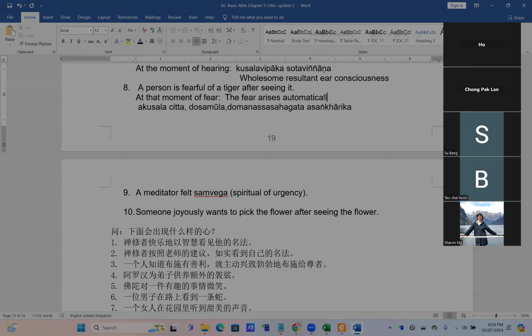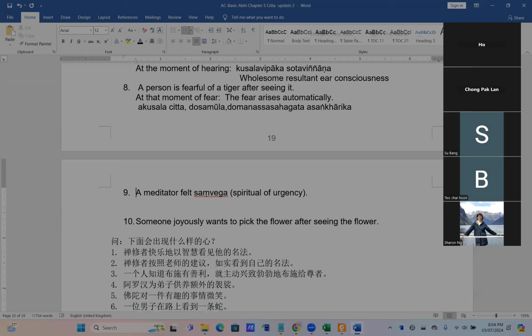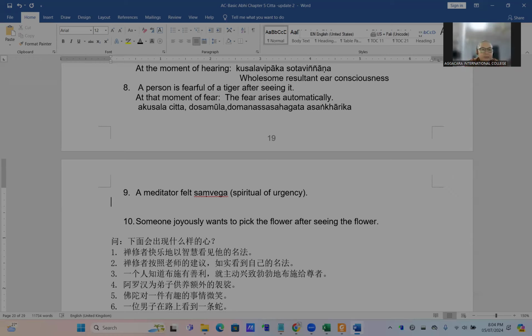You have to think about that. When we talk about the word unprompted, it means it arises automatically. When you see a snake or a tiger, you don't need people to make your fear come out, right? Unless you have to contemplate for a long time that this is a snake or tiger.